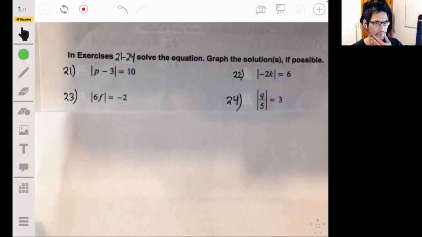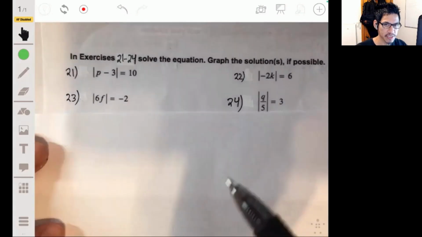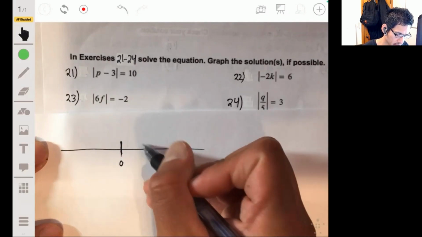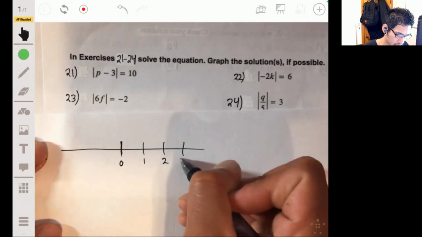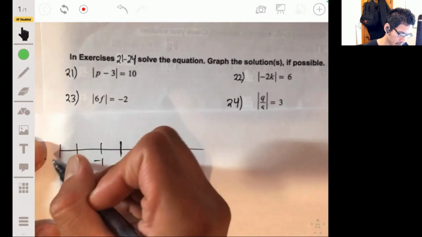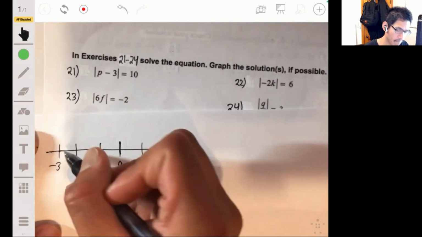So what I'm getting at is on a graph, you can always go to the right or to the left. You can go positive, negative. So you have the number line 0, and you have positive 1, positive 2, positive 3, or you can go negative 1, negative 2, negative 3.